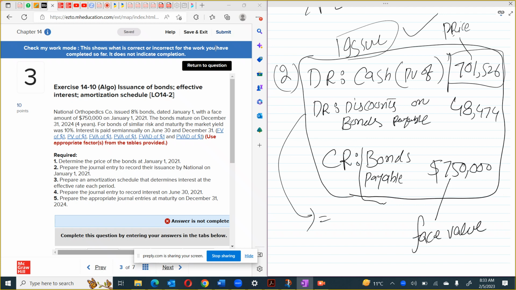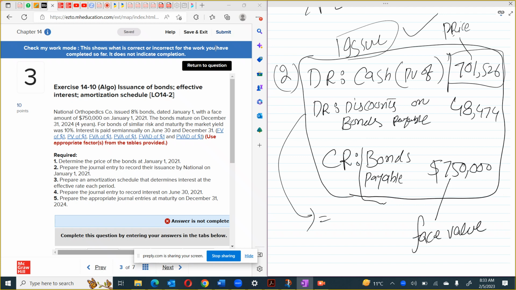So I will write the period here. First period, then second period. This is 30th June 2021. This is 31st December 2021. 1 year completed.